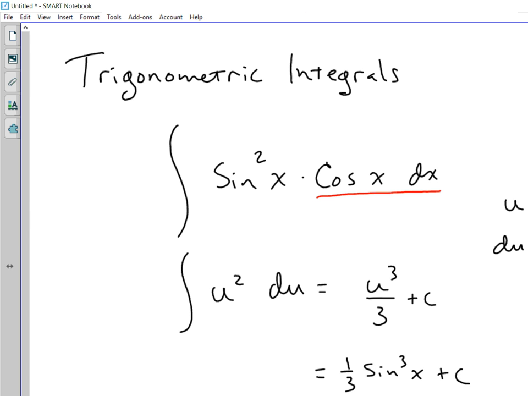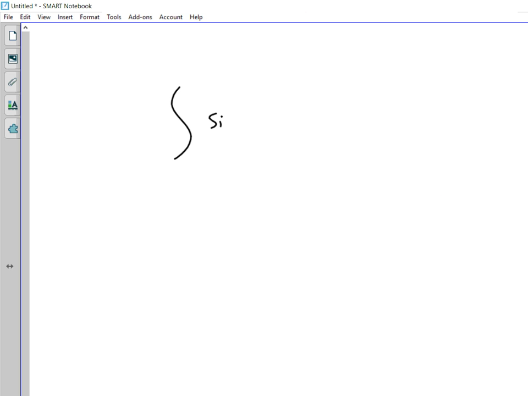That's kind of like the basic starter. Now, if sine were to some other power, say 10, would it be any harder? No, because if it was to the power of 10, then my integral, I'm going to use the same u and the same du that I did a minute ago, and now my integral is just going to be u to the 10th du.